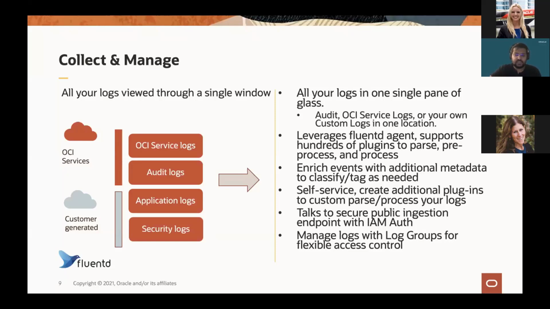For the agent, we used a Fluentd-based agent, which again provides hundreds of plugins right out of the box. Because we have integrated with the open standards, this makes it very easy to integrate with other plugins which are already created in the market. You can plug in any of those, or you can also take some of the pre-built Fluentd-based parsers, and you can use one of those for your use cases.